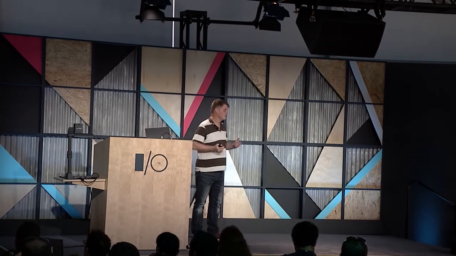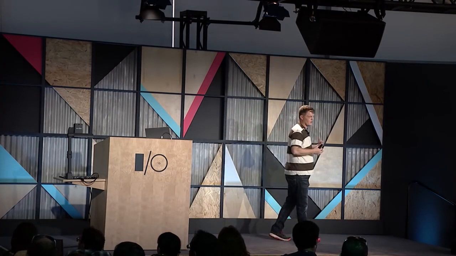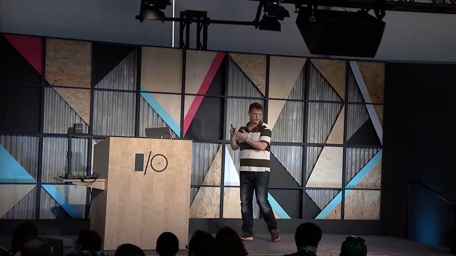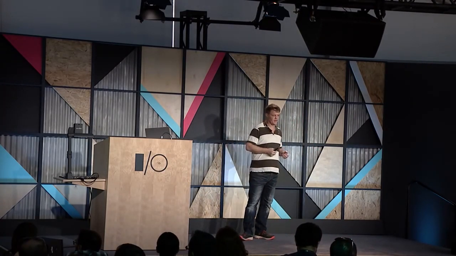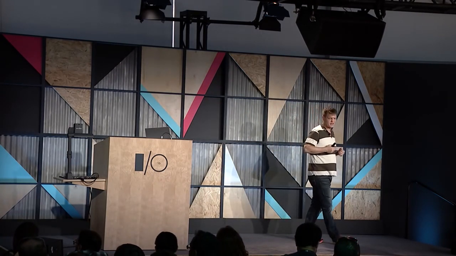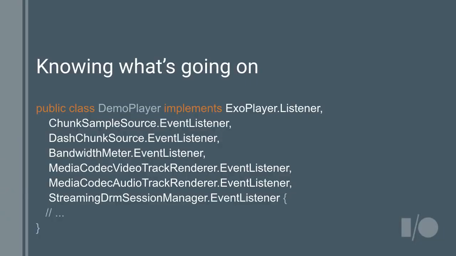So there's a lot going on. We have seen that you have to download data, we have to buffer data, we have to extract data out of the containers, and in the end, we have to render this data to a surface or to the audio track. So there is a lot going on in this video player. If you want to be aware of what is going on, you can implement some listeners and then register those listeners. On a high level, there is the ExoPlayer.Listener.